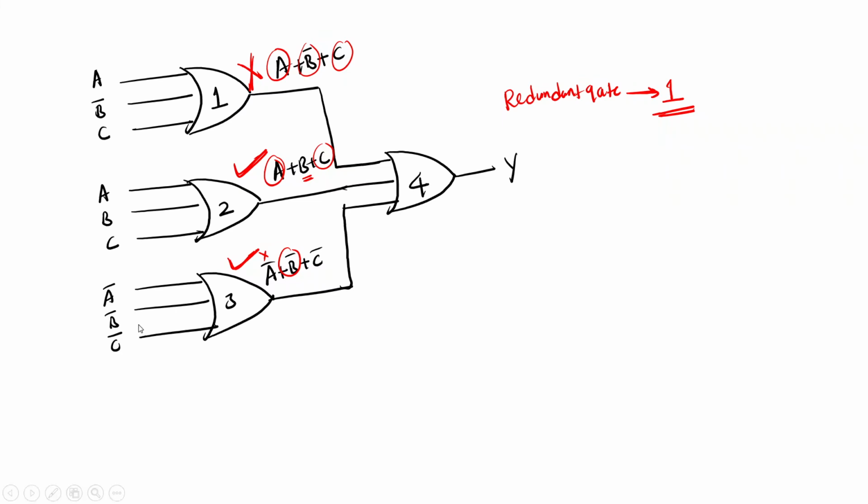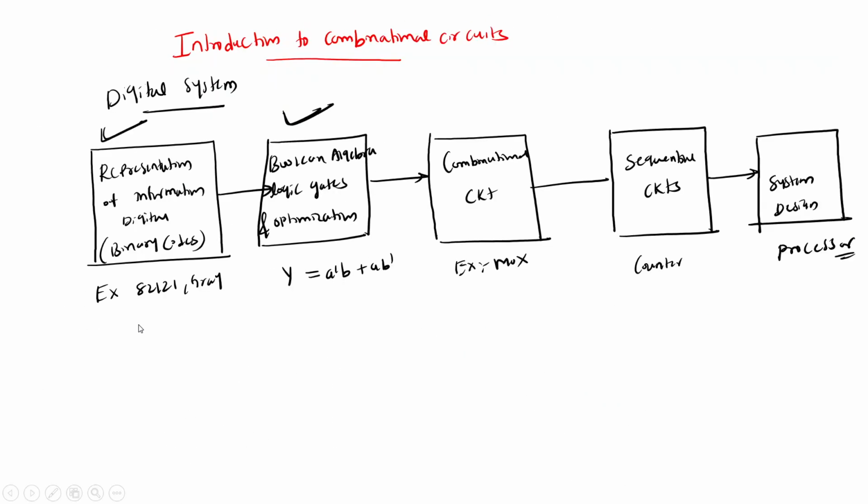In today's session, we first saw the introduction to the combinational circuit, that is digital systems: representation of information in binary form, like number systems, binary code conversions, binary codes, and Boolean algebra, Boolean laws and their optimization, and realization of logic gates by using NAND gate and NOR gate.